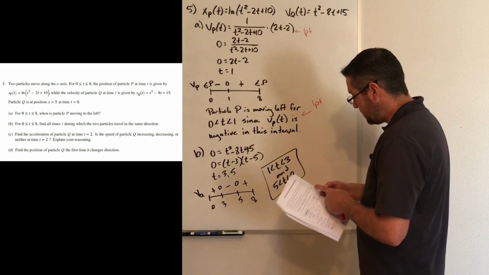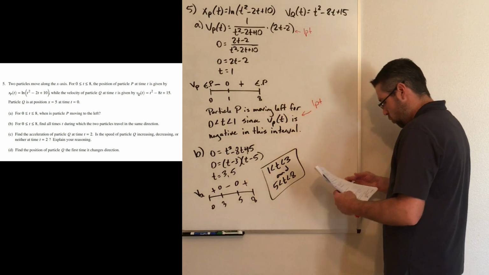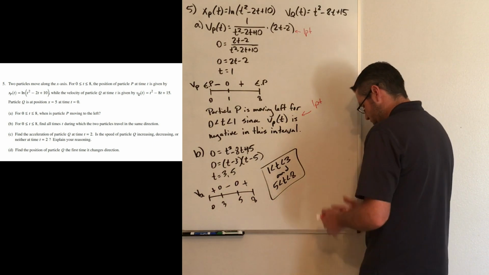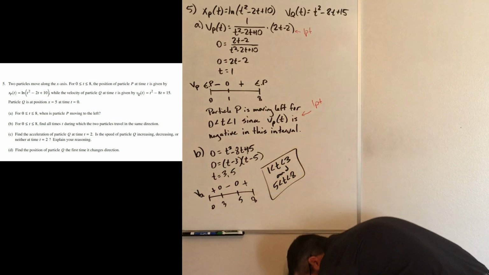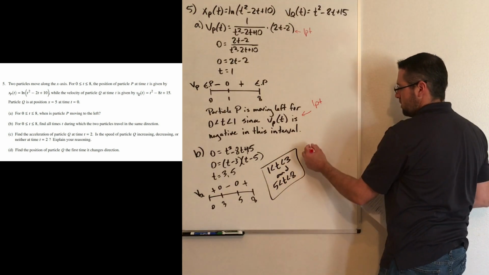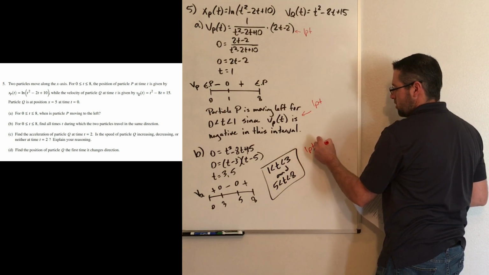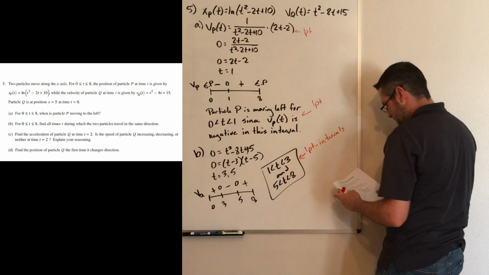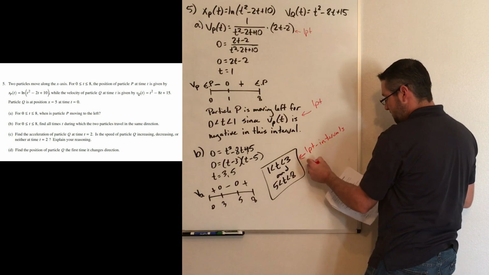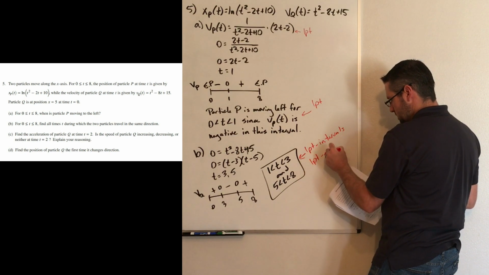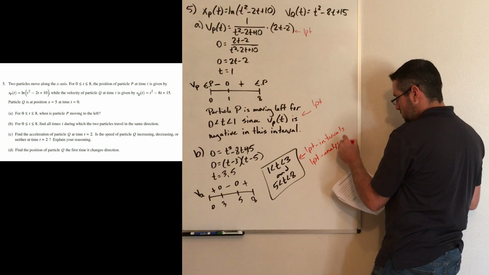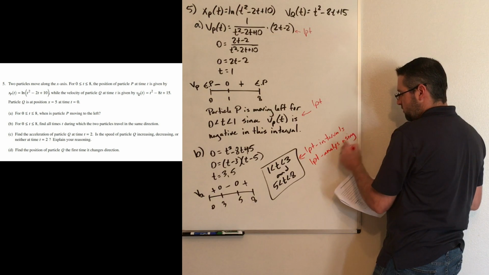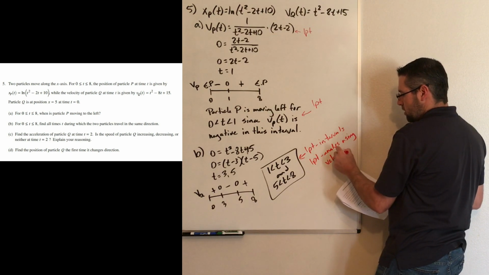Now, points on this, you're going to get 1 point for having the correct intervals, which is that. And then 1 point for having the correct analysis using the two velocities. Okay?